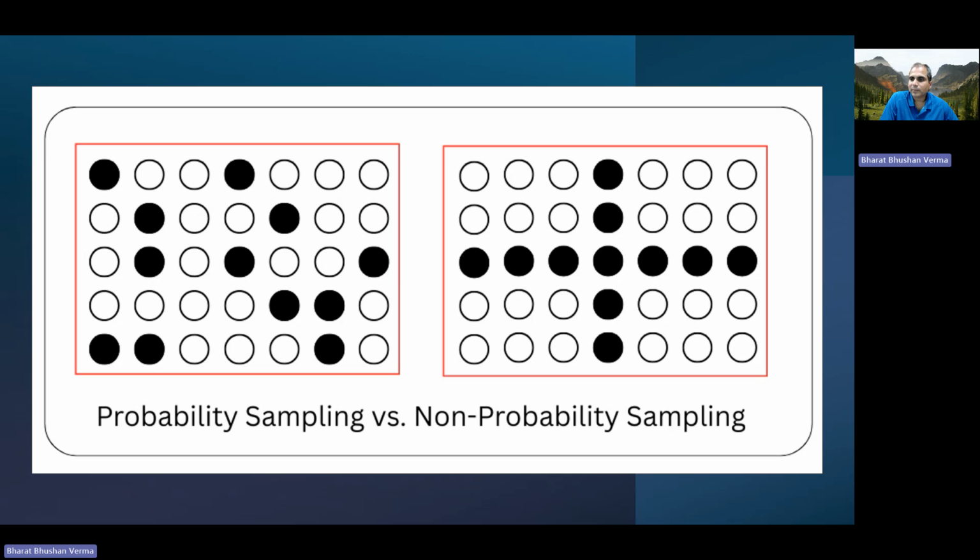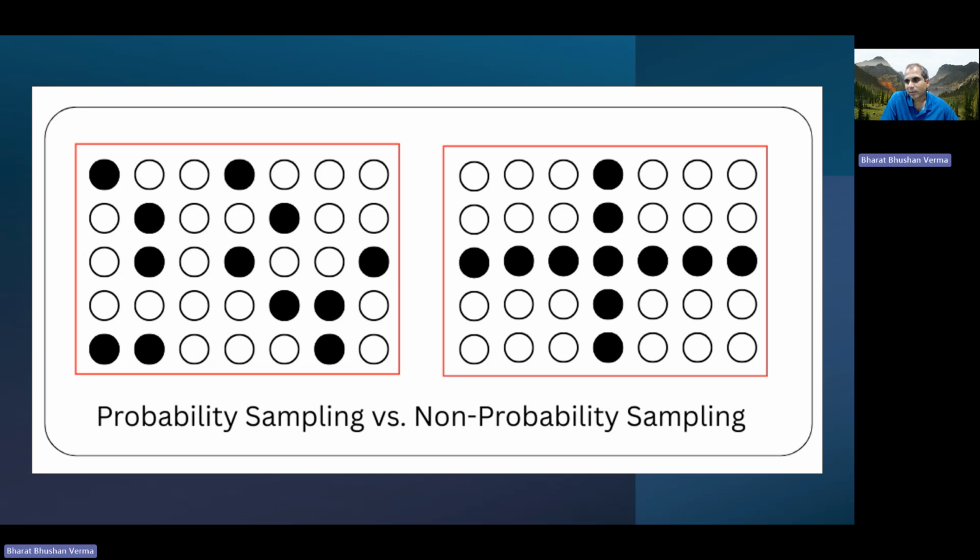One, probability sampling, and two, non-probability sampling. The difference is very simple. In case of probability sampling, the chance of a data point from the population getting selected in the sample is the same. There is no bias. Everybody has the same chance of getting selected in the sample.